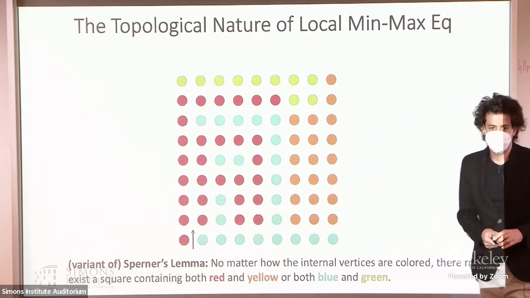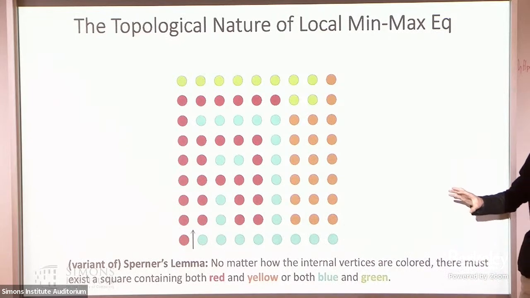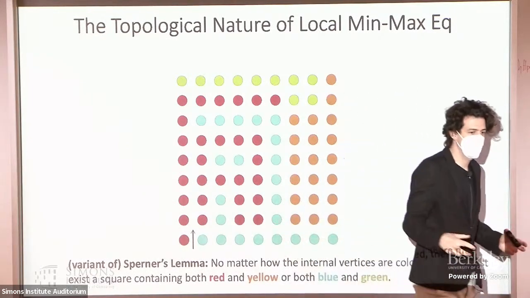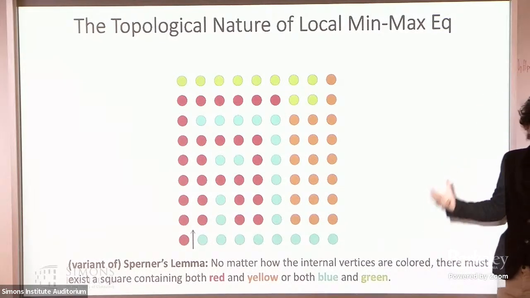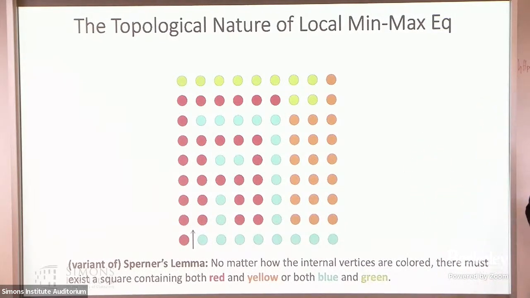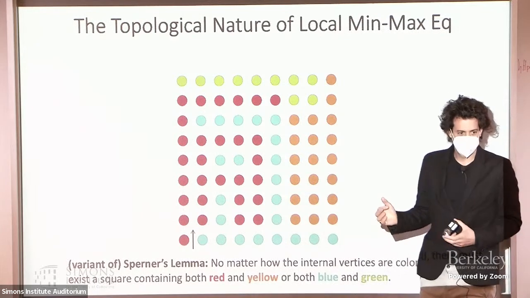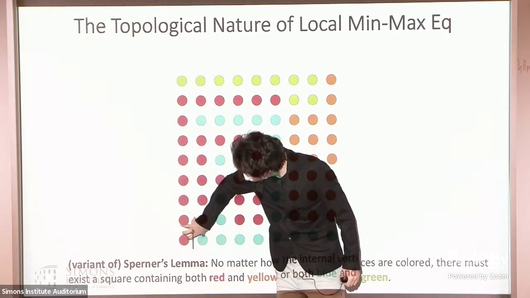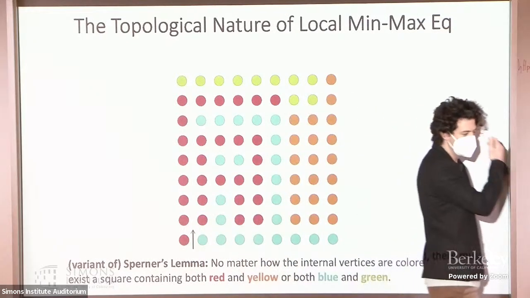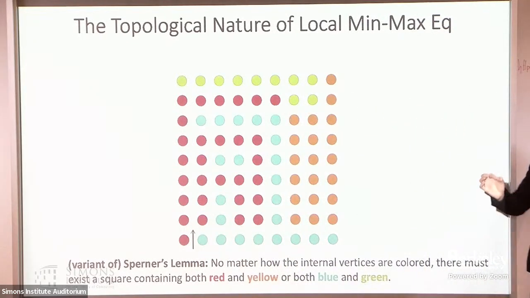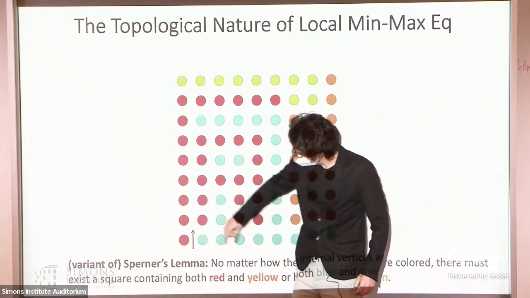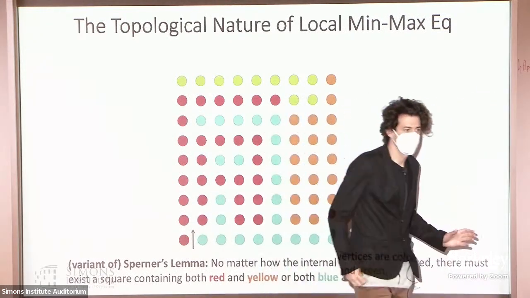To prove it, I'm going to imagine this is a factory, and the factory has square rooms. Every room has 4 pillars that are colored with these 4 colors, with different colors. And I'm going to do a walk in this factory. I'm going to enter the factory through this door here into that room over here. No matter how you color the inside of the square, that door is certainly a red-blue door.